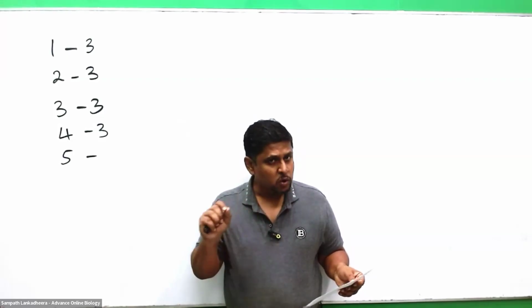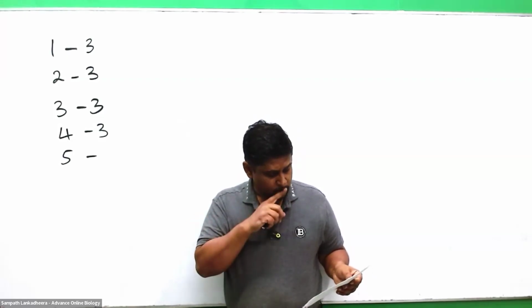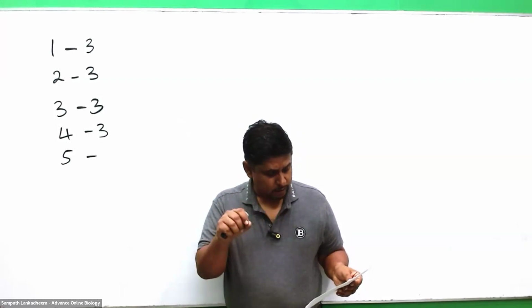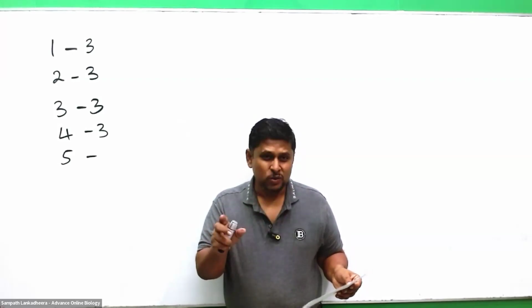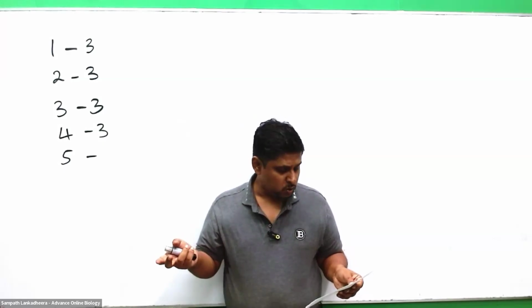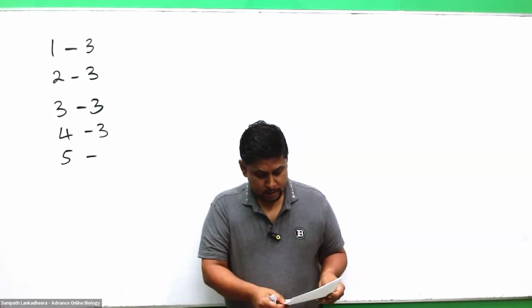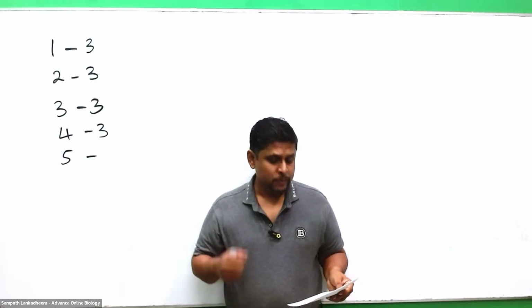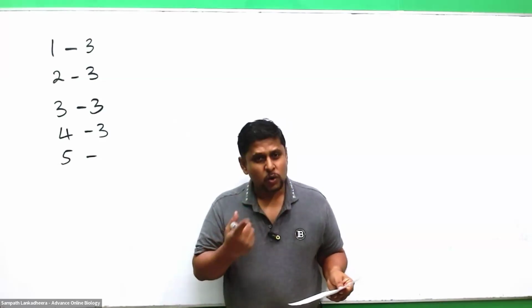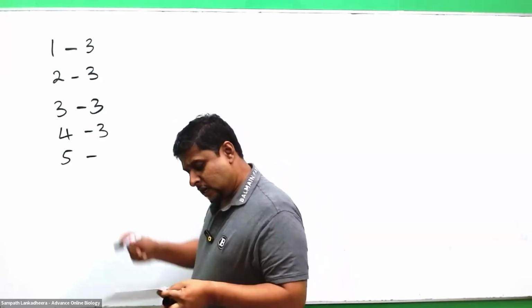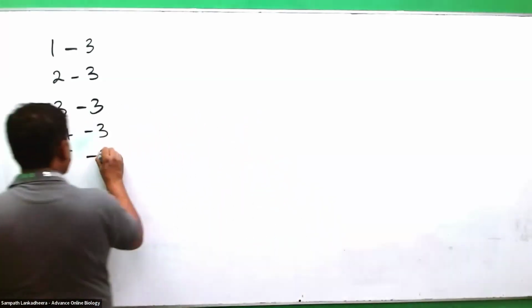Always positive? No, always negative. Only affected by mineral ions? No, it can be any other solute, not necessarily minerals. Same as pressure potential? No. So we got the answer now. The second one is my answer.